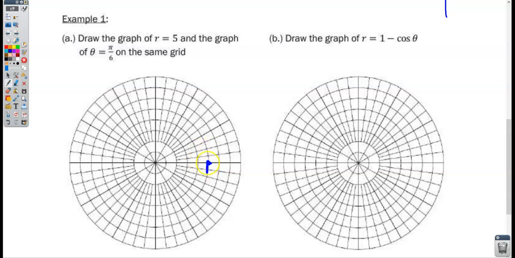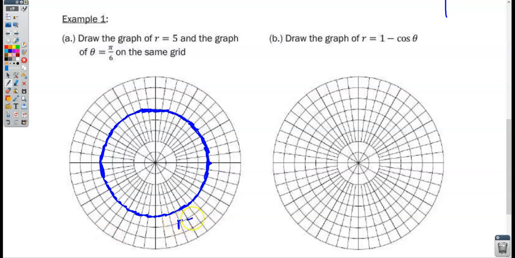Sometimes we might number them differently, but basically r equals 5 is a graph of all the points on this ring, because those are all the points that satisfy the polar equation r equals 5. Don't mind me, I'm a little sketchy and didn't do a real nice job drawing that circle. But that's the graph of r equals 5.